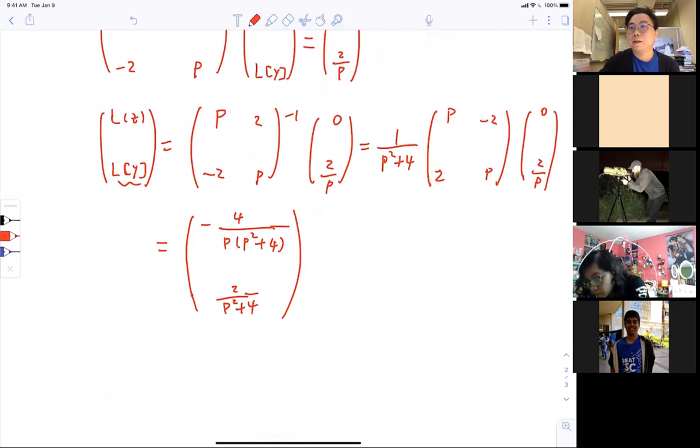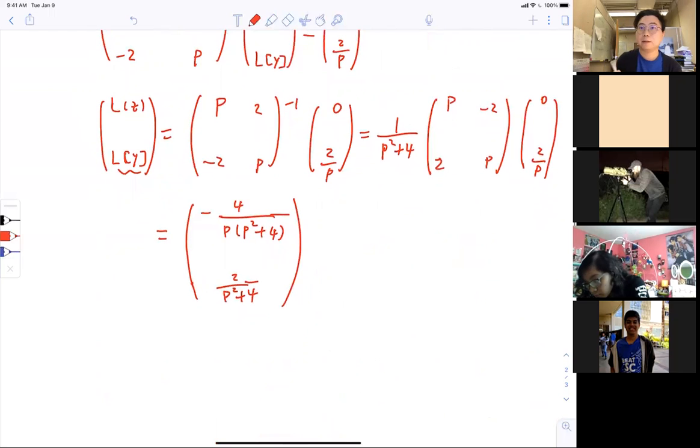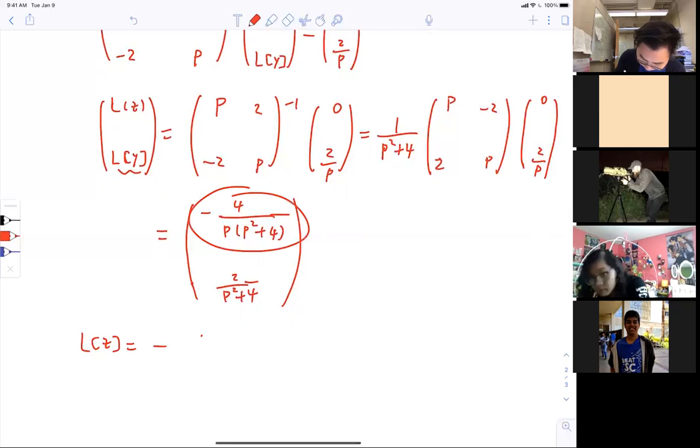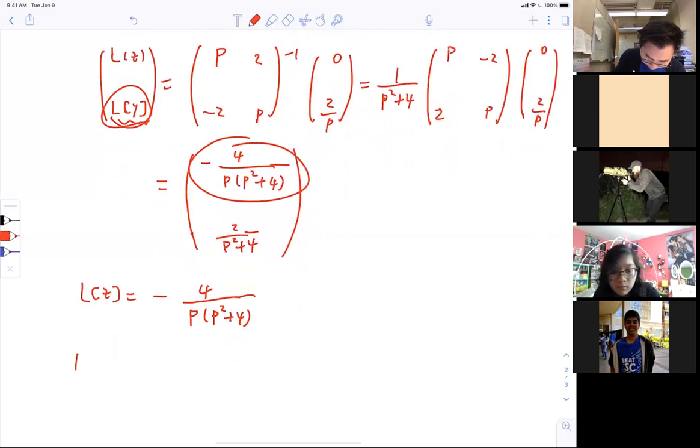Okay, so if you have no question, let's continue. So basically we have LZ equal to minus 4 over p times (p squared plus 4), and Ly is 2 over p squared plus 4.